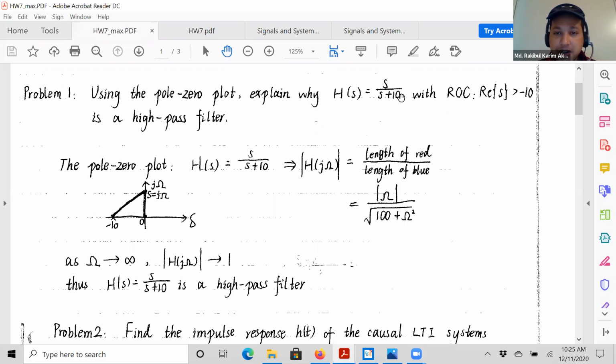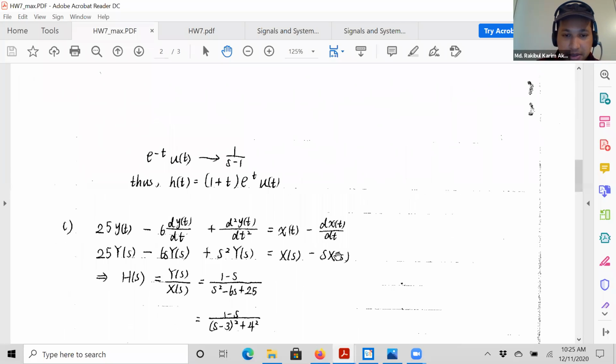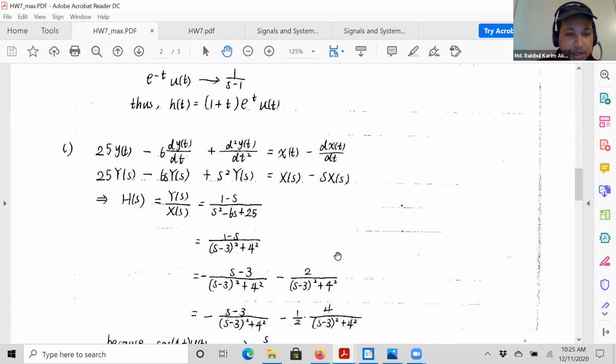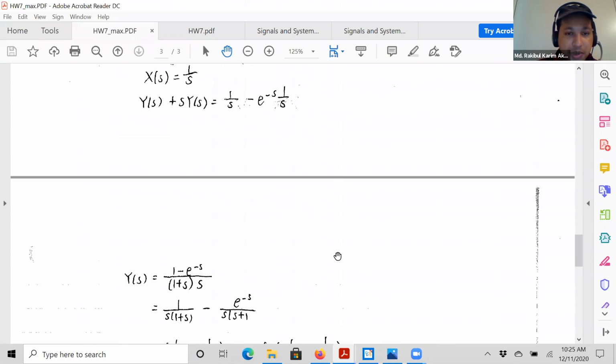In the denominator, j omega plus 10, if you take the magnitude, you write it as a squared plus b squared under a root. That's why 10 becomes 100 and j omega becomes omega squared. I was talking about problem 3. Yes, it is e to the power minus s.